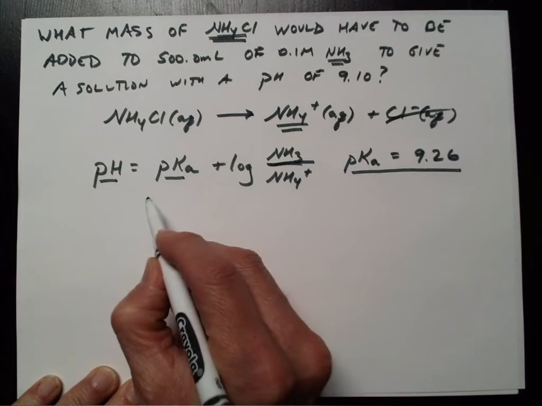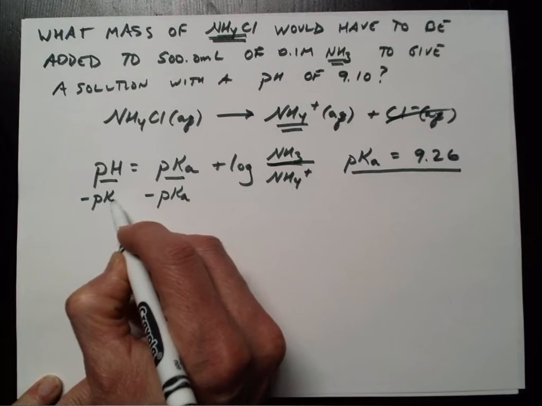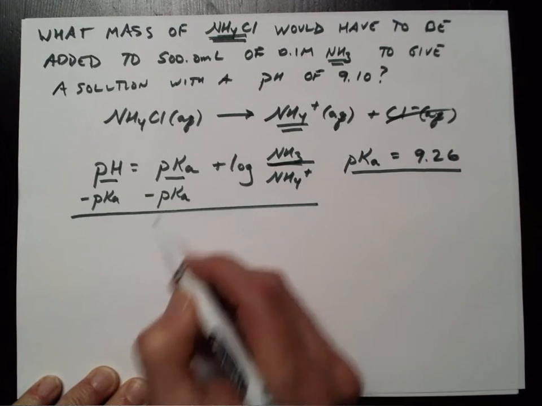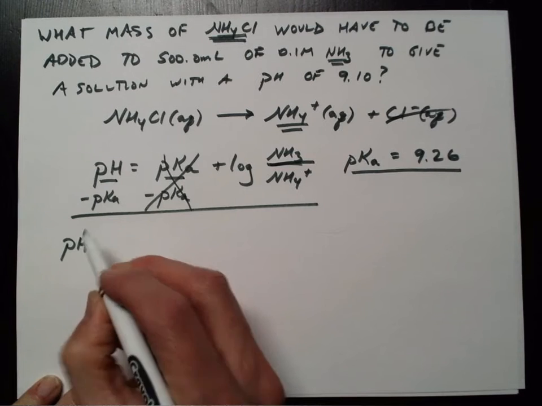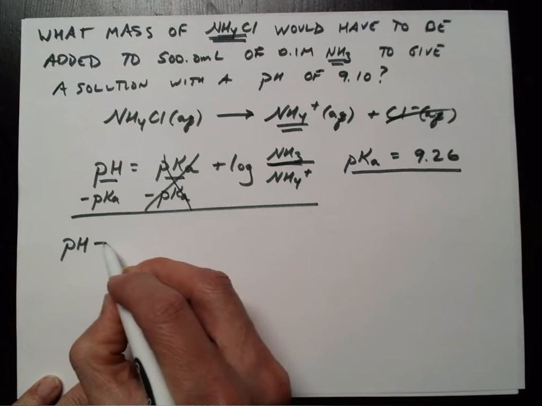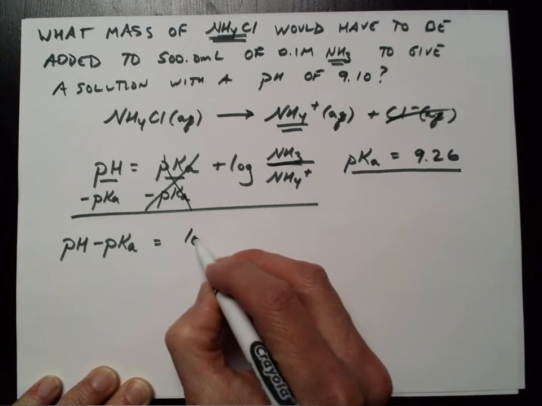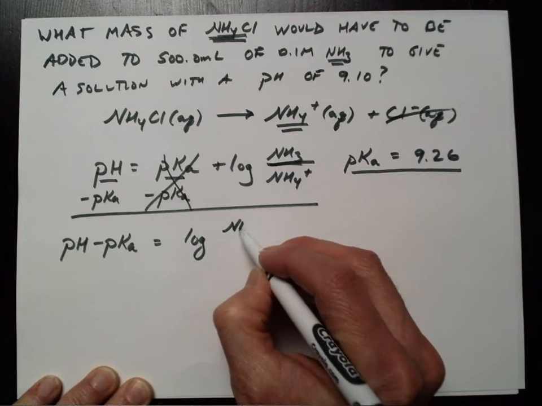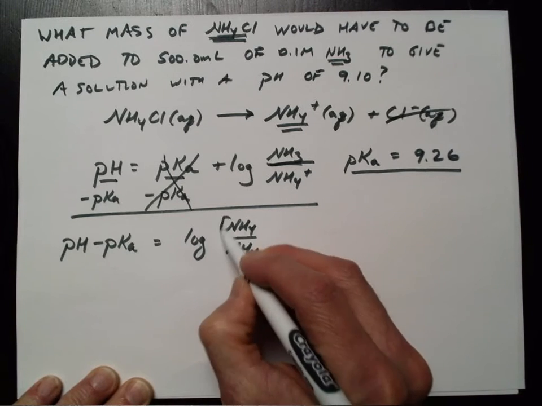So I'm going to subtract the pKa from both sides of this equation. If I do that, this cancels, and I get whatever the pH is that I'm looking for, which we have up here, minus the pKa. That's going to be equal to the log of the ammonia concentration over the ammonium concentration.